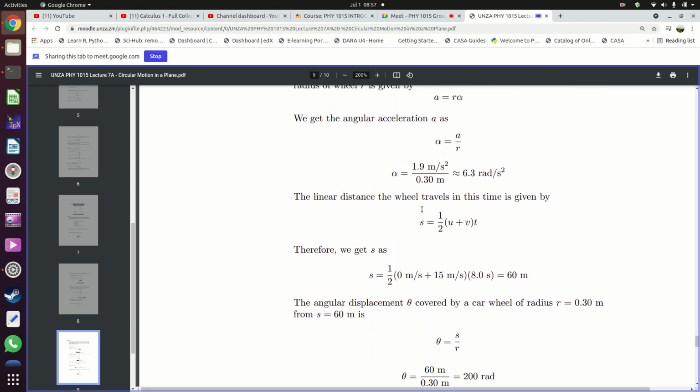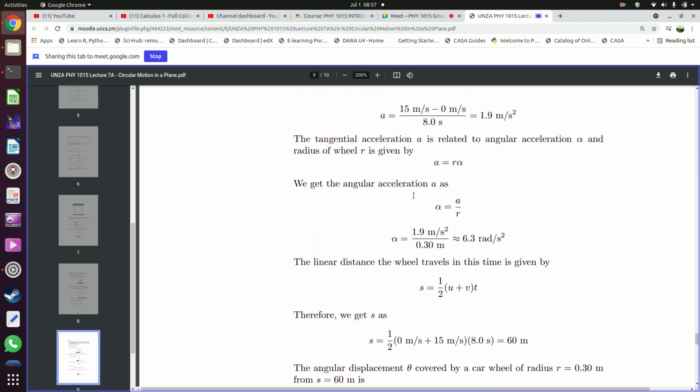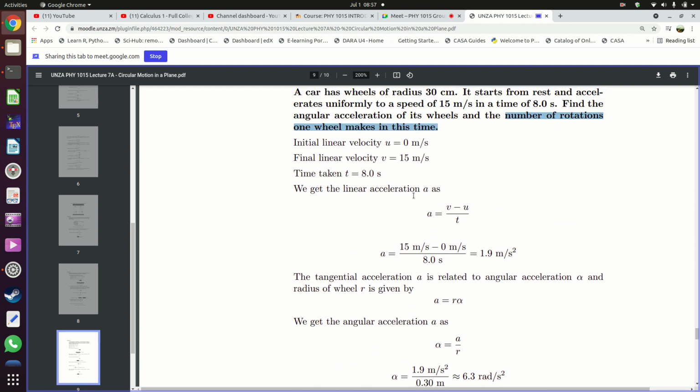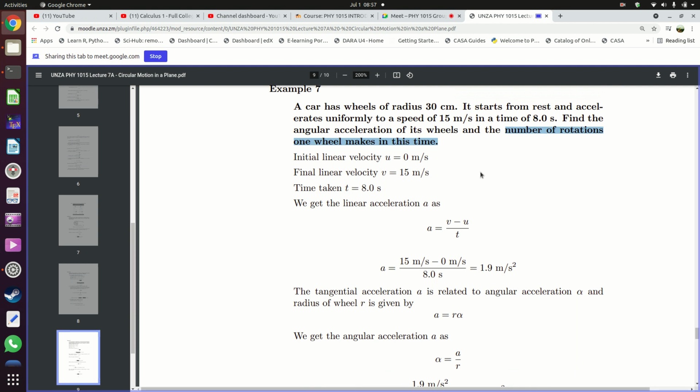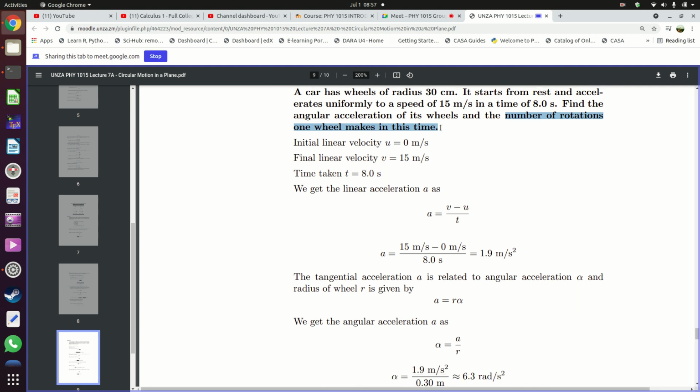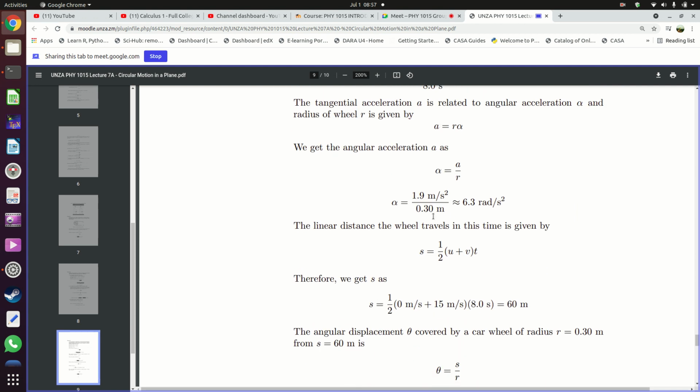For us to find the angular displacement, we can first find how much distance was covered by this car in these 8 seconds. We have a way of doing that: s is equal to half of u plus v, multiplied by t. This is a quick way of estimating the distance.